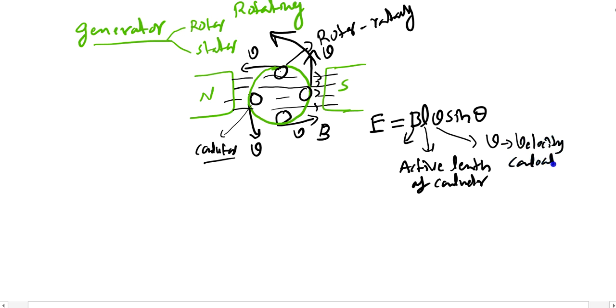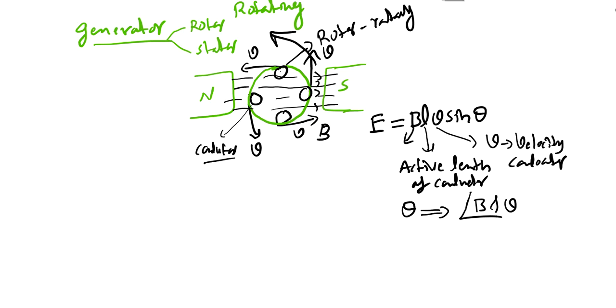Theta is the angle between the magnetic flux, or magnetic field, and the velocity of the conductor.